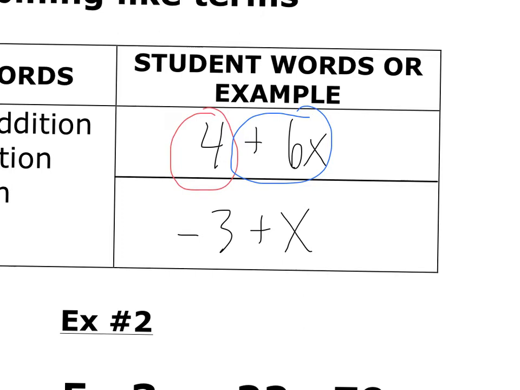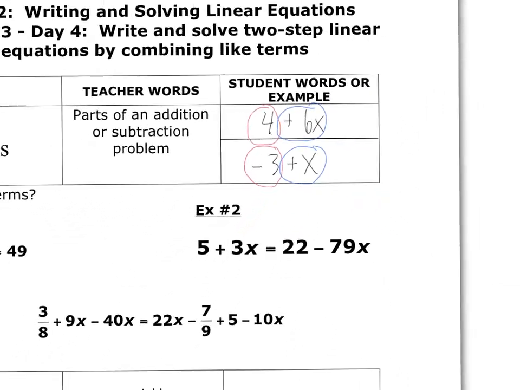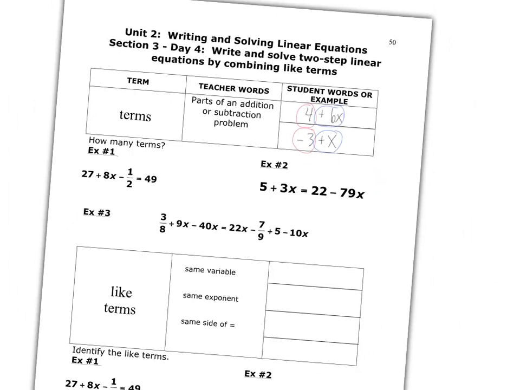If you look at the other one, you have negative 3 as one term and positive x as the other term. Remember, your operator to the left of your number or term always goes with it. So that's how those are identified.